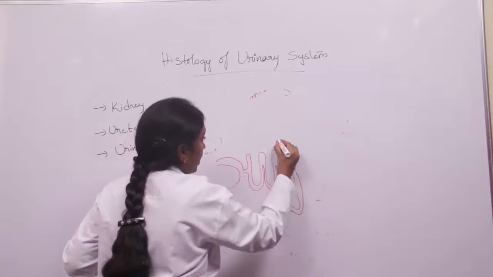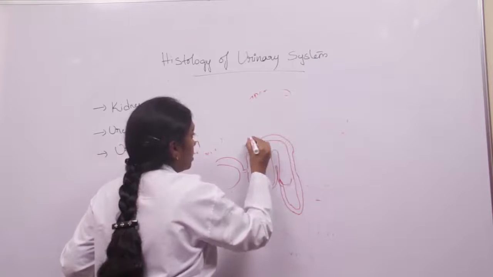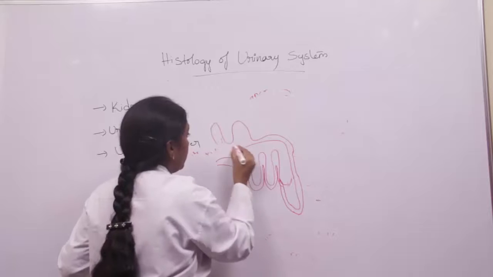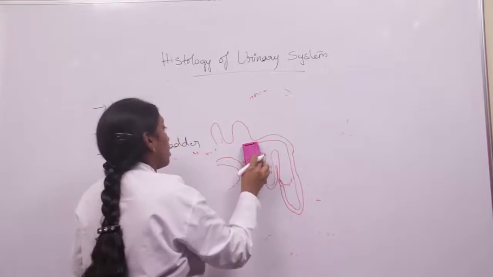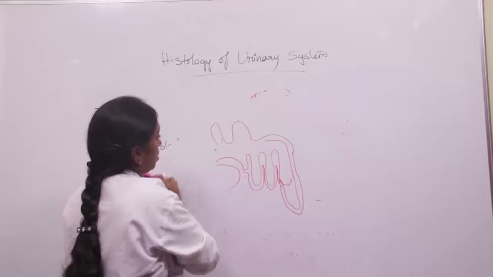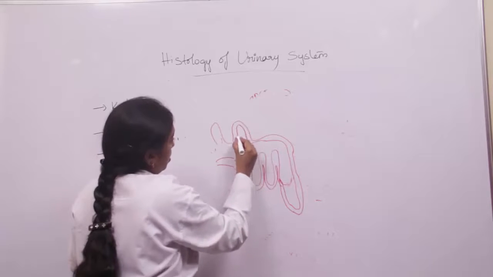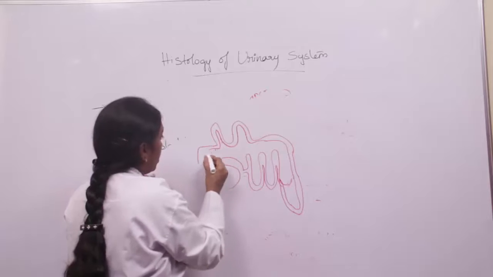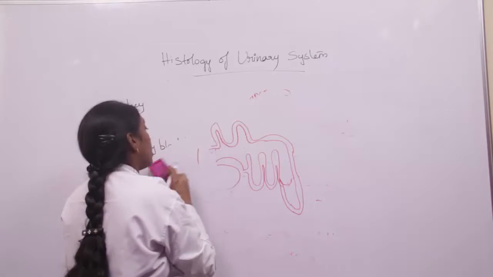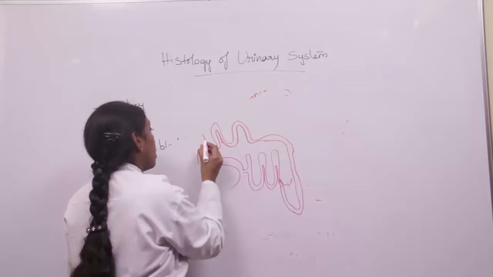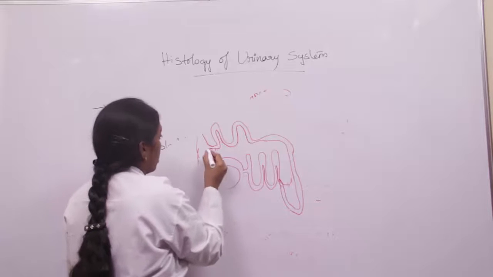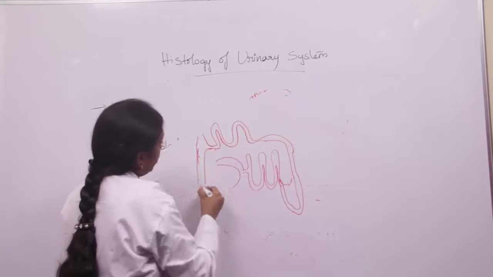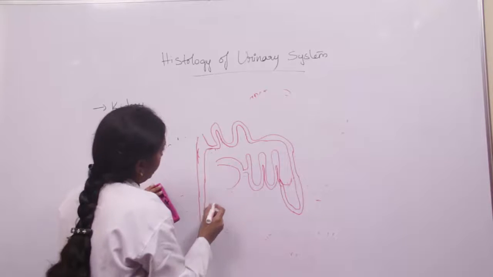From the loop of Henle, the distal convoluted tubule follows, and from the distal convoluted tubule, they open into collecting ducts.